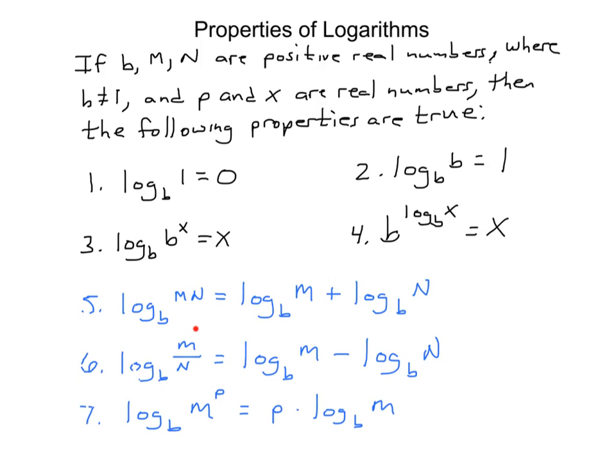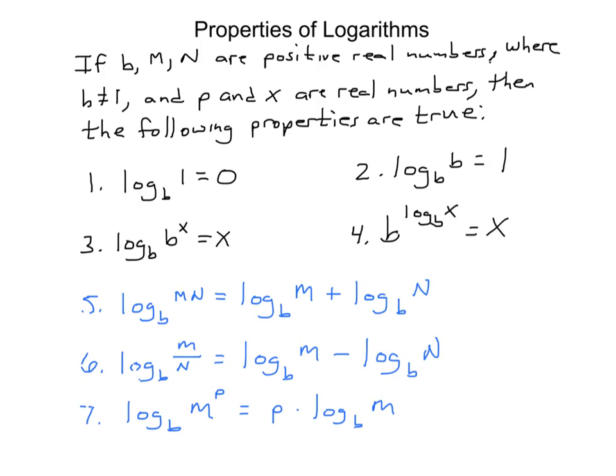When I take the log base b of m times n, that is equal to the log base b of m plus the log base b of n. In other words, when I take the log of a product, it's equal to the sum of the individual logs. Number 6, this one should make a little bit of sense when you recognize the inverse operations that we have. In number 5, we did multiplication, and that resulted in addition.